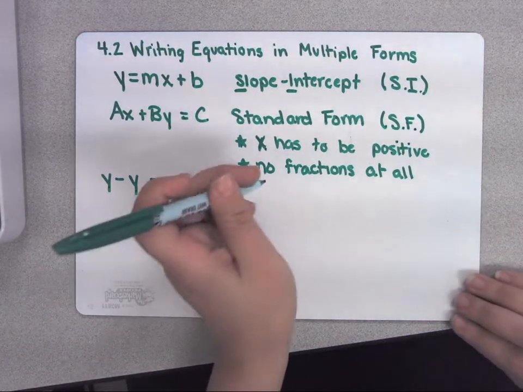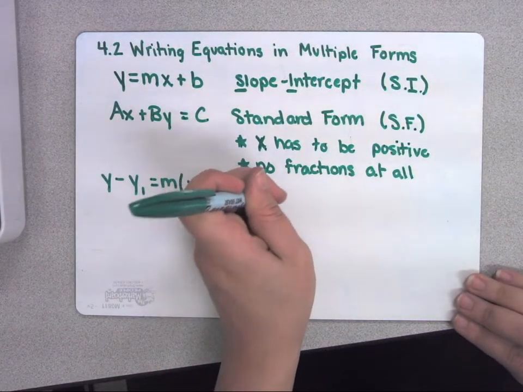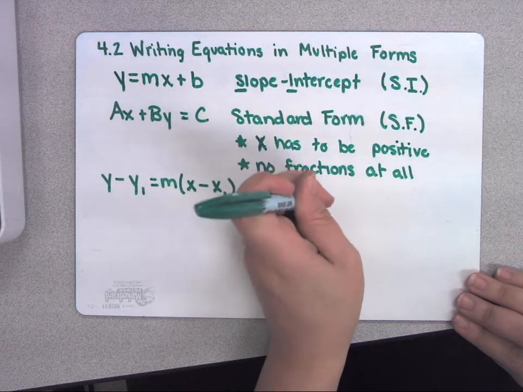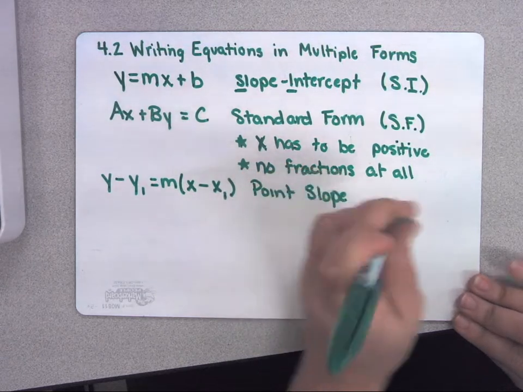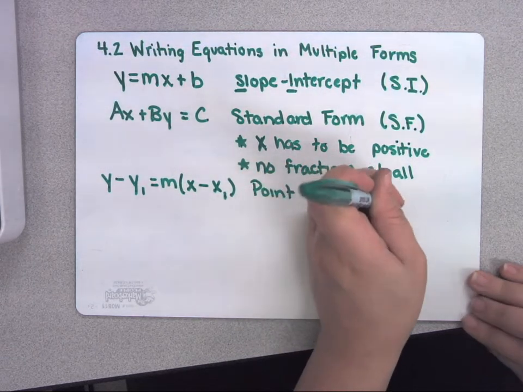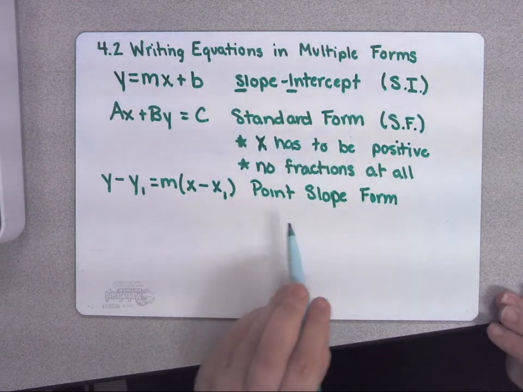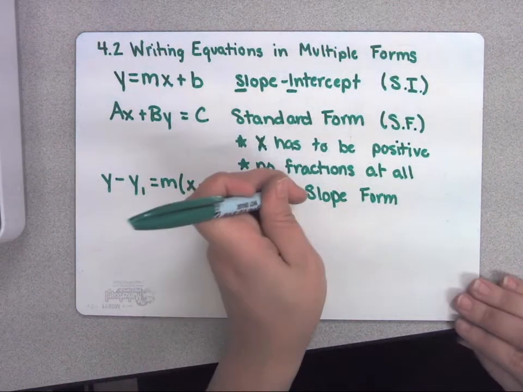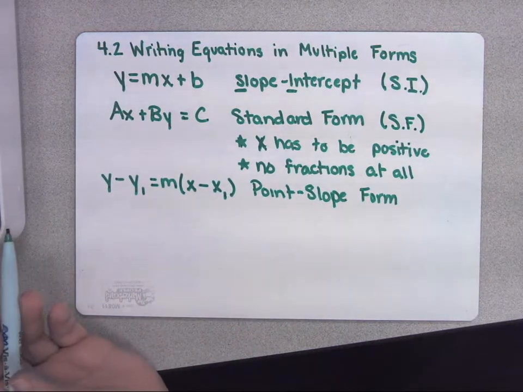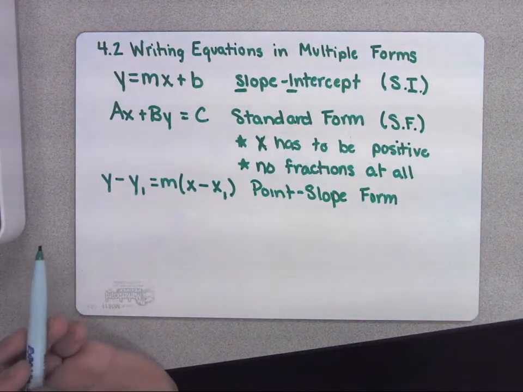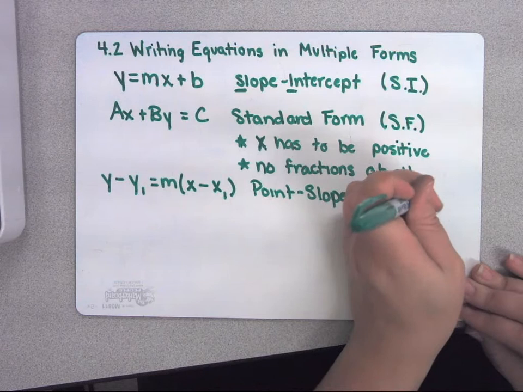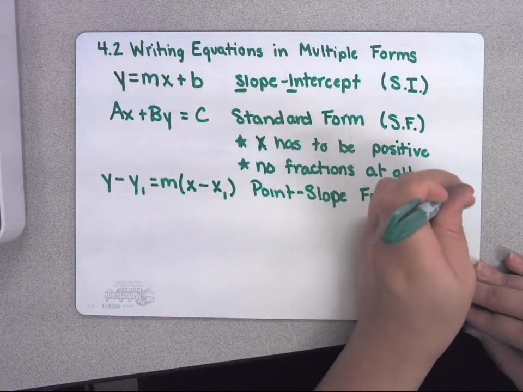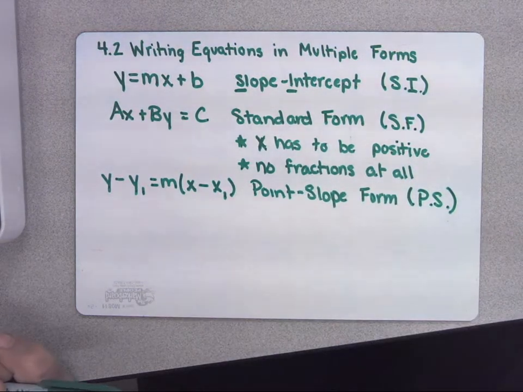So we're going to call it point slope form. Literally its name. It has a point in it and it has a slope in it. That's why we call it point slope. Its name literally is in what it has. It's right there. We're going to abbreviate it PS. P.S.